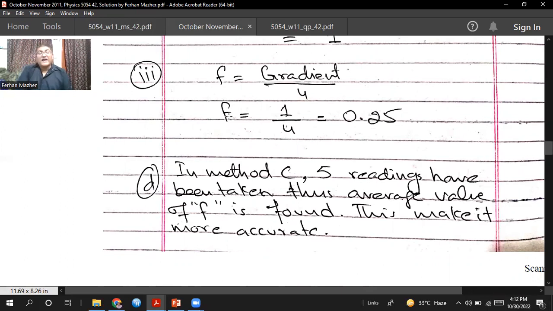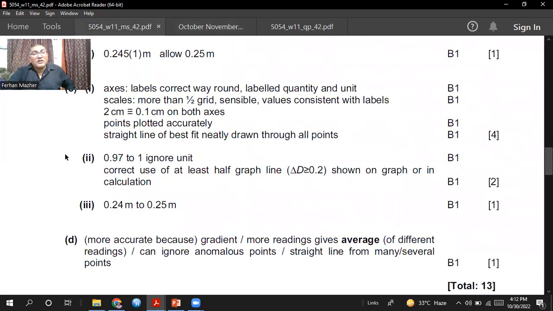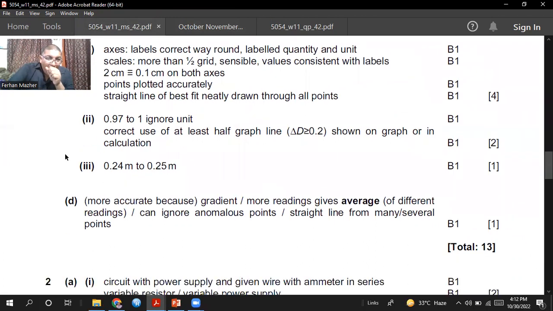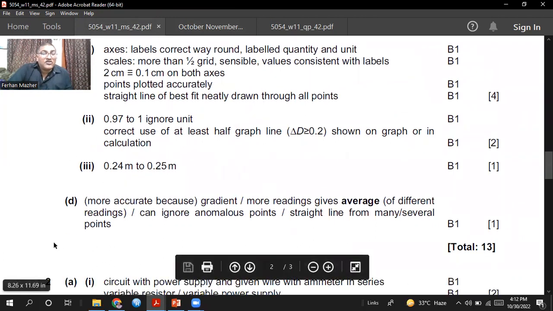When you take the average, it makes it more accurate. So in method C, 5 readings have been taken, thus the average value of F is found. This makes it more accurate. This is the answer to the D part. Question number 1, D part.